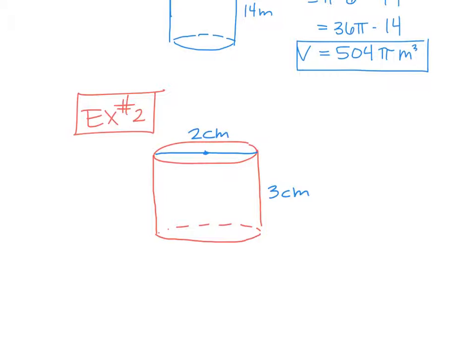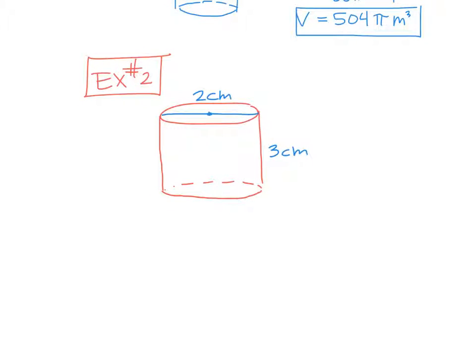So you have a cylinder, and again, we want the volume of it, which is BH. This one's slightly different. What's different about this one? You have a diameter instead of a radius. Not a big difference, but enough that if you don't do something with it, you're going to get a very wrong answer. So if my diameter is 2, what's my radius?